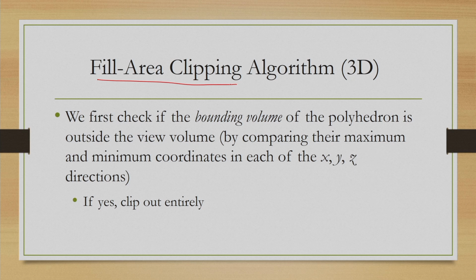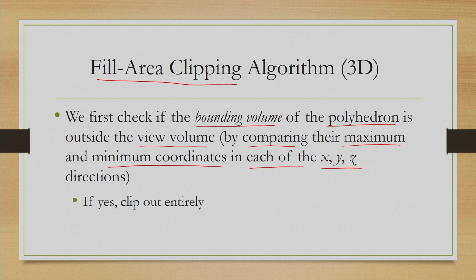Here, what do we do? We first check if the bounding volume of the polyhedron, that is the fill area, is outside the view volume, simply by comparing their maximum and minimum coordinate values in each of the x, y and z directions.